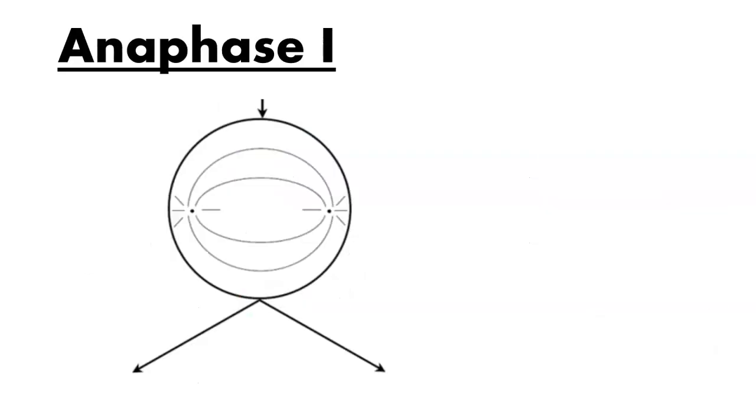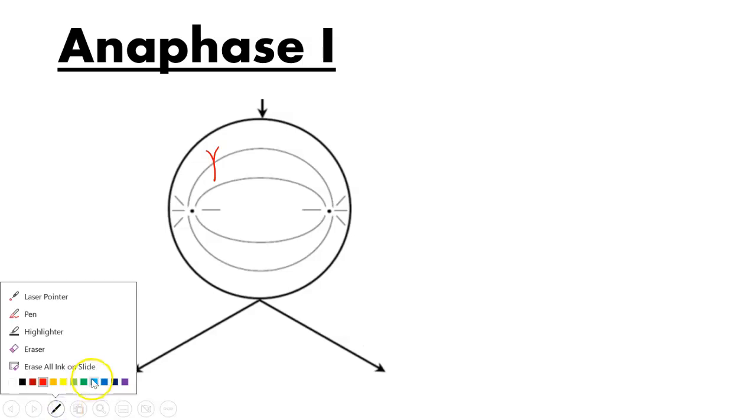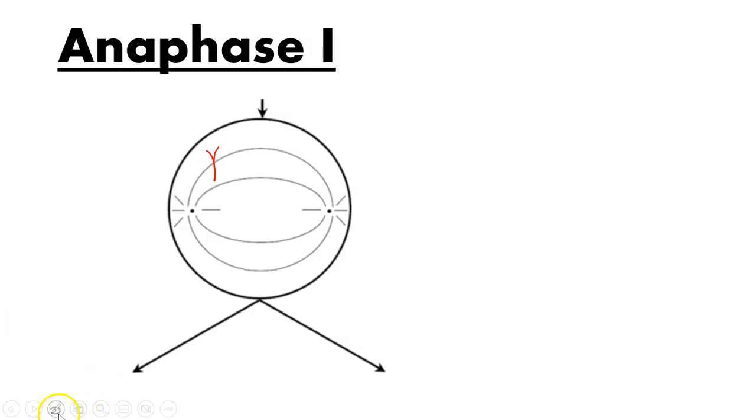Okay, so let's take a look at anaphase. Here we're going to start to have those homologous chromosomes splitting from each other. So I'm going to have my red with my crossed over blue, and he's going to be over here.